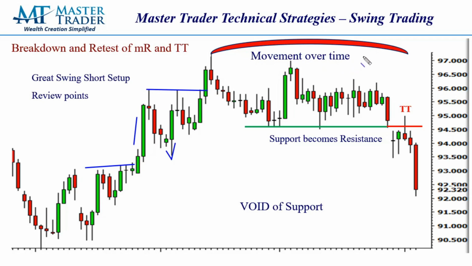And then this movement over time, and notice that big wide range candle there, this movement over time should have resulted in a move higher because it was preceded by a strong move higher. Now when it breaks to the downside, support becomes resistance. You've got a nice topping tail right there. That's a great sell setup. With a void below, it should continue to go lower.